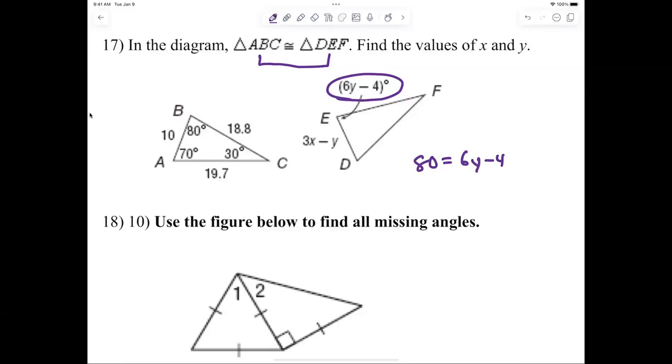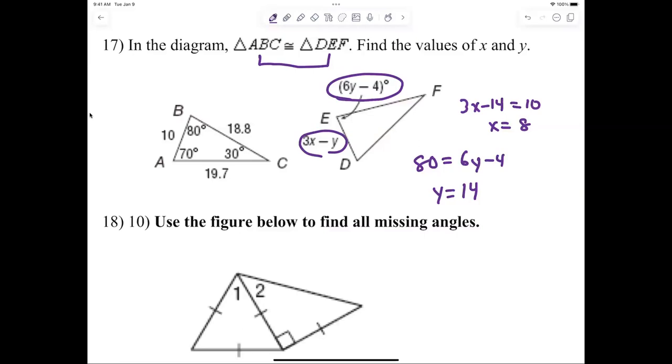And so y is equal to what? 14. Now, I know that y is equal to 14, so now I know ED is just 3x minus 14. What does ED correspond to? AB, which is 10. So x is obviously now what? 8. Anybody have any issues with that?